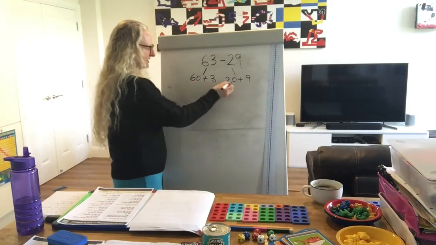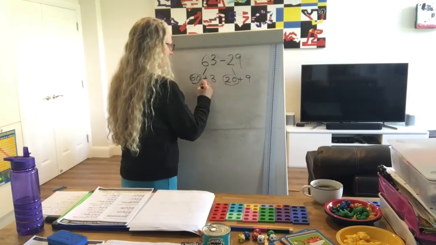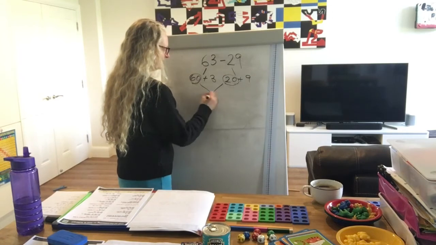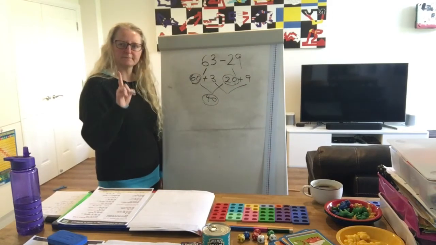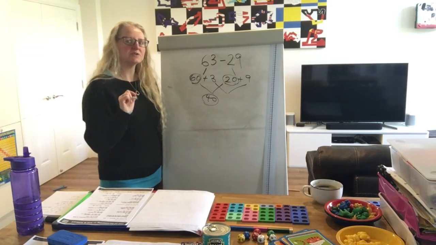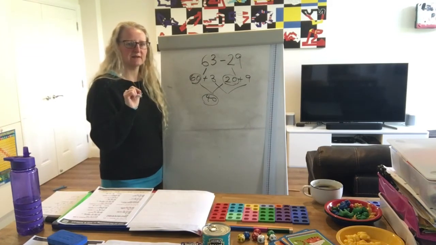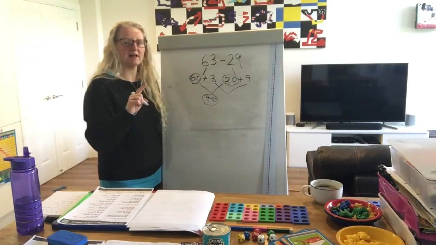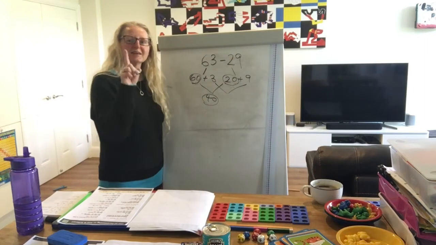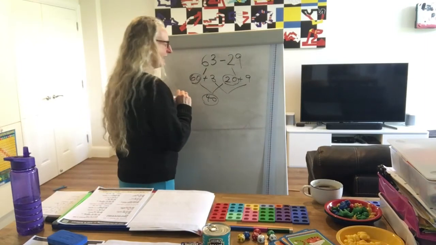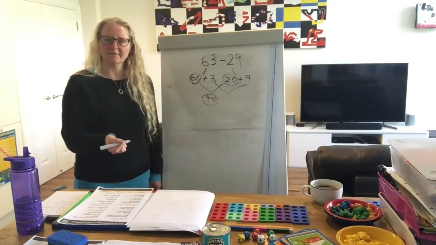I subtract my tens, I get 40. I subtract 9 from 3. I cannot do that yet. At this stage a child has not been introduced to the idea of subtracting into negative numbers, so I cannot do that yet. So what might I do differently?